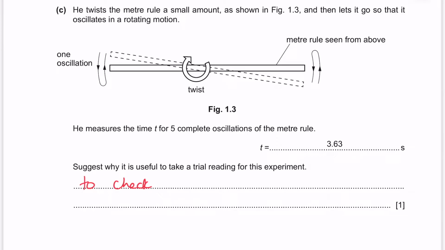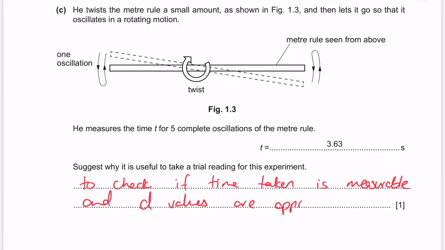So just to check if time taken is measurable and d values are appropriate, because I cannot tell if I've used an appropriate value unless I have a trial experiment first.